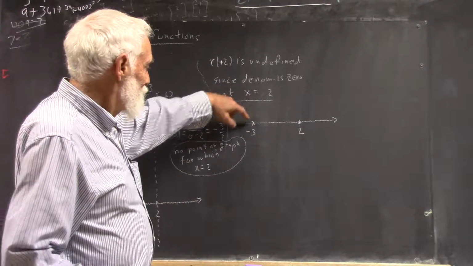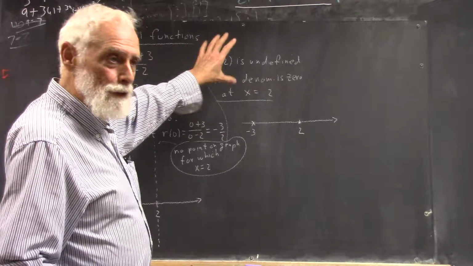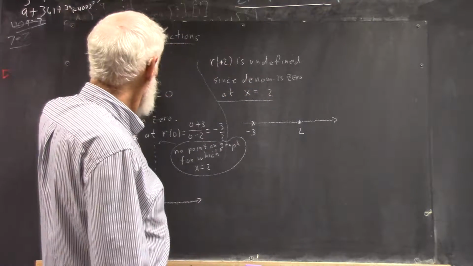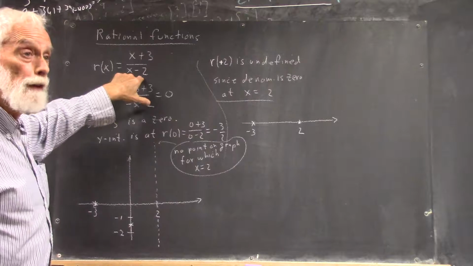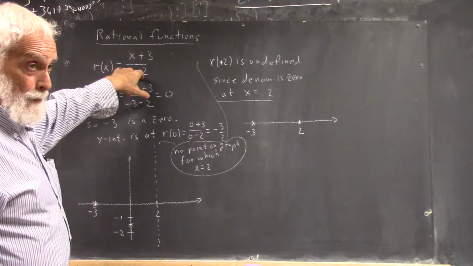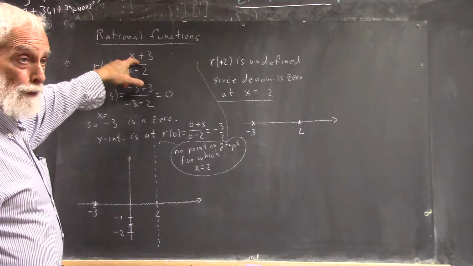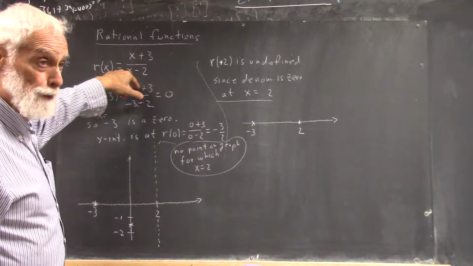So, nothing really all that new that we haven't talked about. We'll put it in terms of a very simple function, x plus 3 over x minus 2. Okay? And we immediately saw that the numerator is 0 when x is -3, the denominator is 0 when x equals 2.